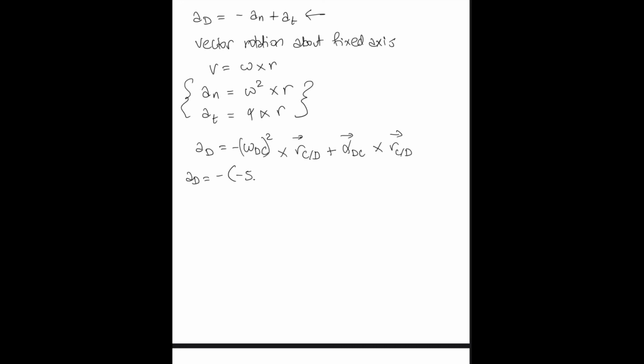So this is going to be minus 5.56 squared cross product 0.18J plus minus 5K cross product 0.18J.